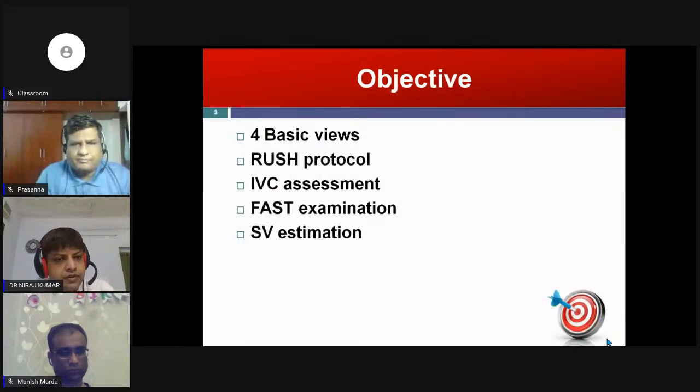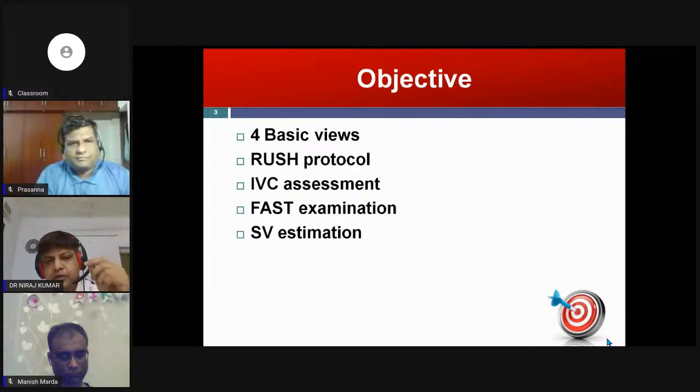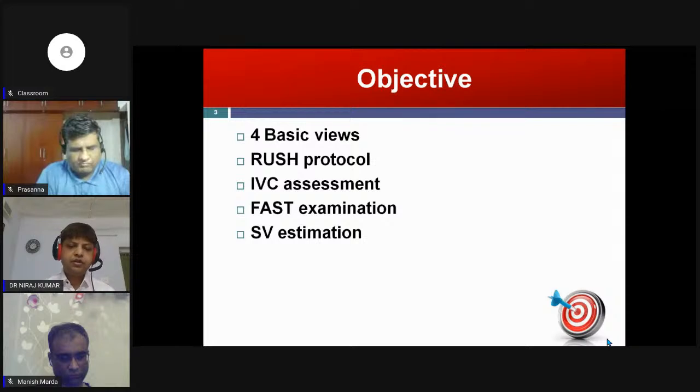So the objective of this talk is first of all to discuss what are the basic four views of basic echocardiography. And there is a very famous RUSH protocol for management of shock patients. And then in the RUSH protocol we also have to integrate all the cardiac findings, the lung findings, and inferior vena cava status, and also do the FAST examination.